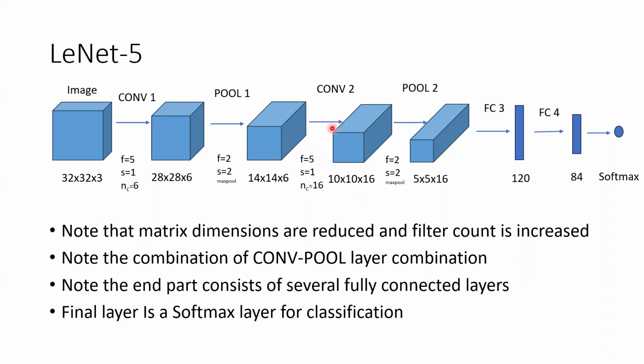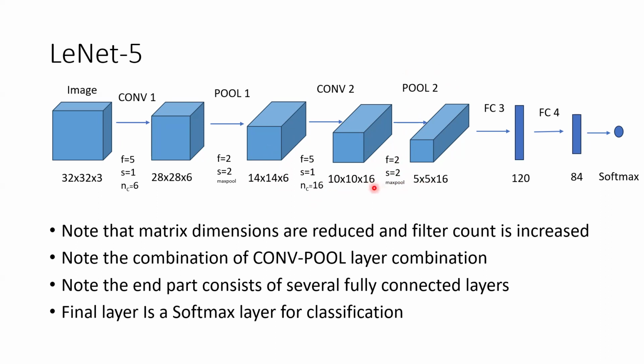After calculating the output, you can see the 14 by 14 is reduced to 10 by 10, and because the number of filters is 16, the depth is increased. Then we apply another pooling operation, which is also max pool with a filter of 2 by 2 and a stride of 2.